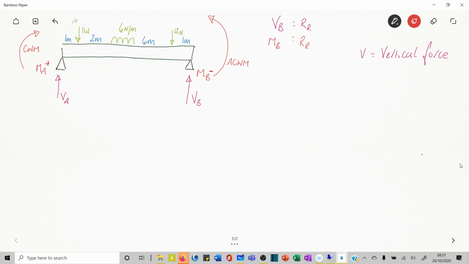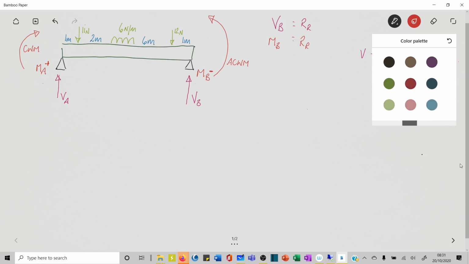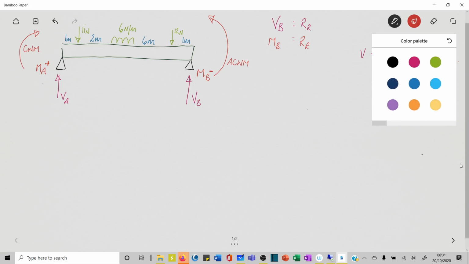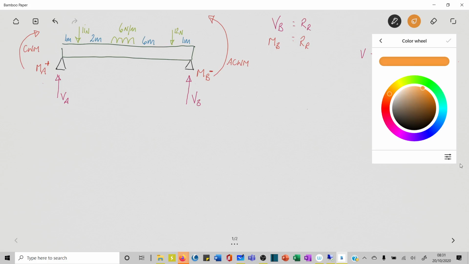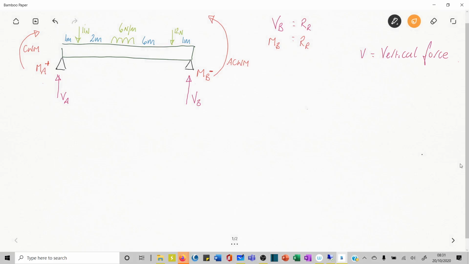Looking at this now that you can see the terminology, to solve this we would say the following. Let's choose a different color, orange. Why not orange? So this is what it would look like.